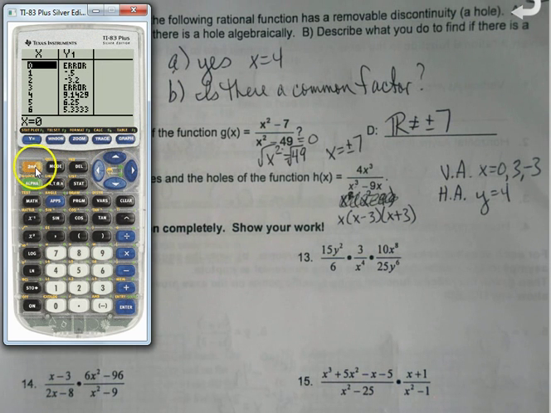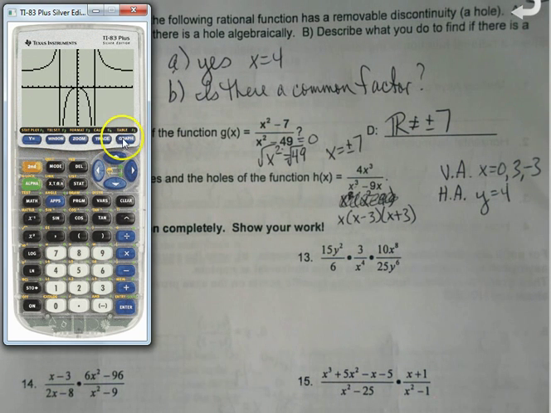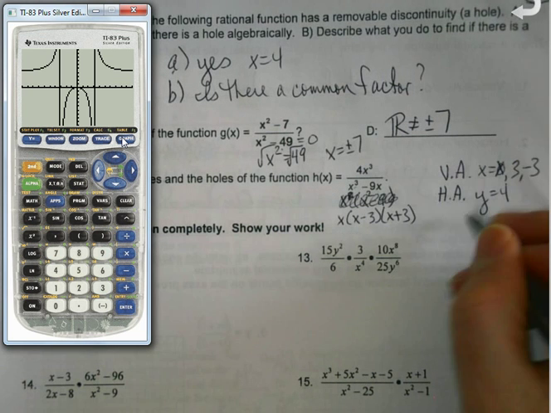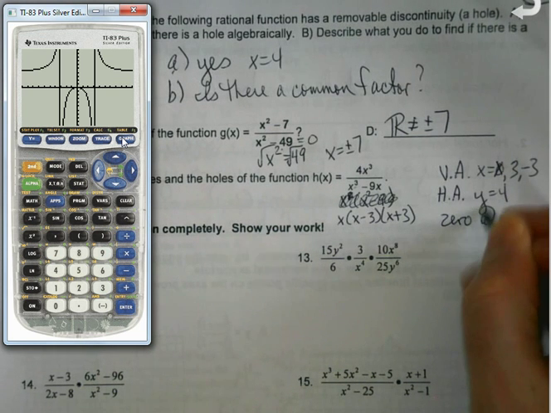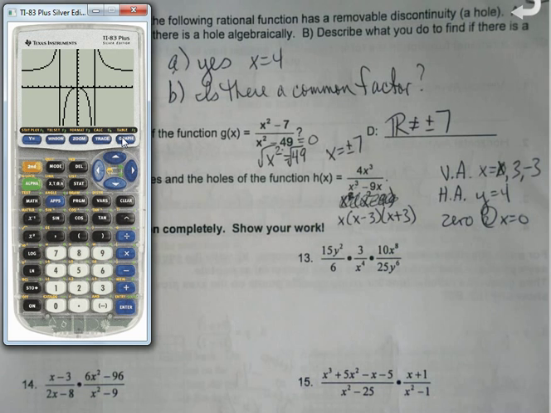Oh, there's an error, but I don't see an asymptote because that's where the 0 is at. That's where my hole is. So be careful, be careful, be careful.